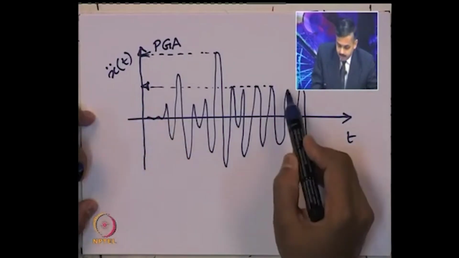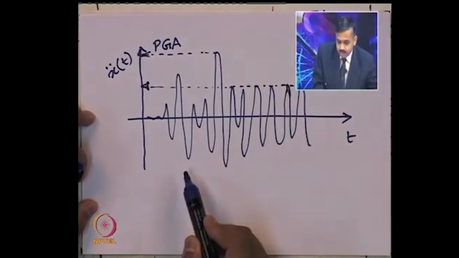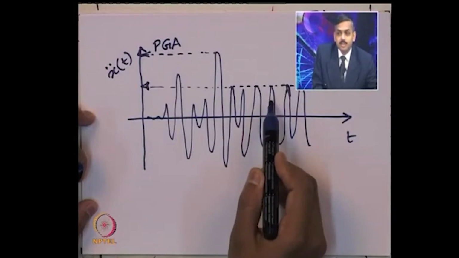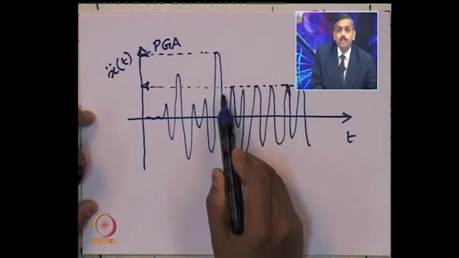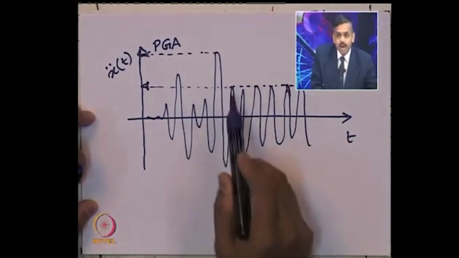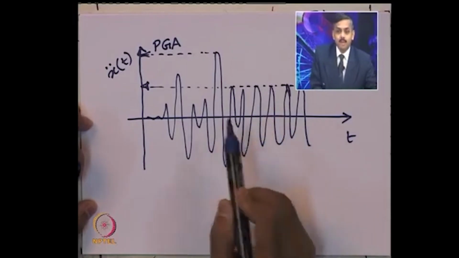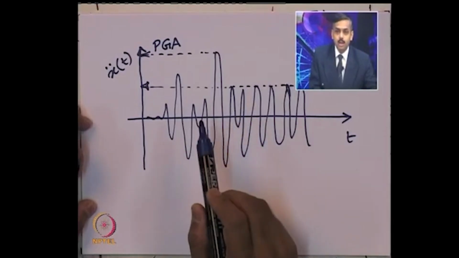And suppose if it continues for 5 cycles, say like this, then we can say this as 5 cycle sustained acceleration. That is the highest or maximum value which is continuing for at least 3 cycles or at least 5 cycles, known as sustained maximum acceleration corresponding to that number of cycles, either 3 or 5.